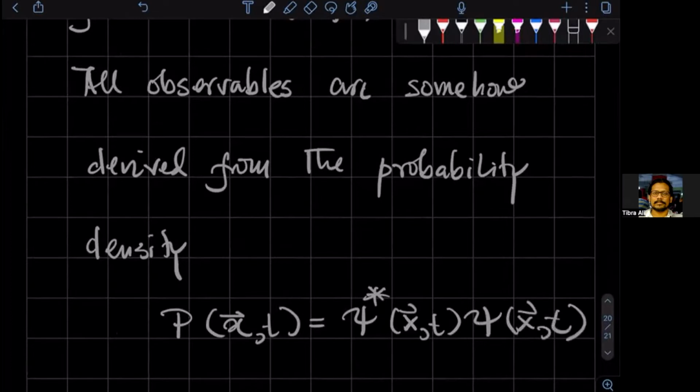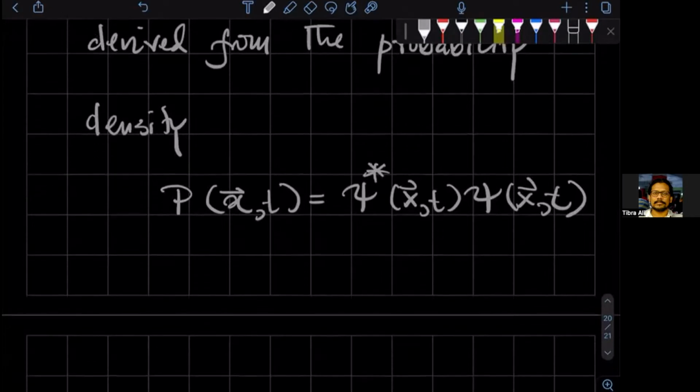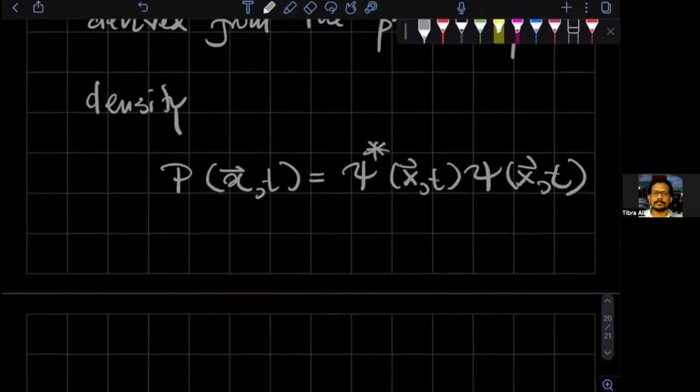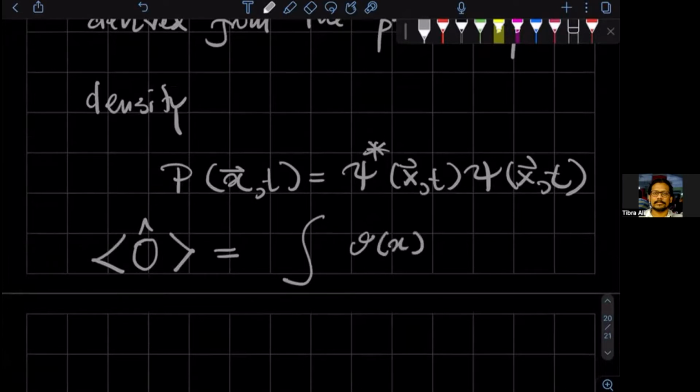Okay, so this is the probability density. For example, if I have some observable O, which is a Hermitian operator, and I want to compute its expectation value, then we express it in some position basis, and it has some eigenvalue spectrum, and we basically multiply it with the probability and integrate it, very roughly speaking.